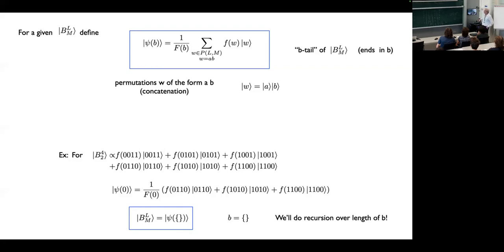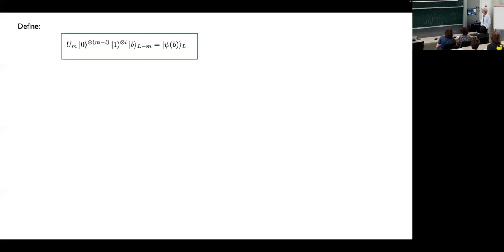The main idea, like we did for the Dicke state, is to do recursion, but now we're going to do recursion over the length of the tail. So I'm going to define an operator which prepares the tail from a simple product state. This is called the Bethe operator.